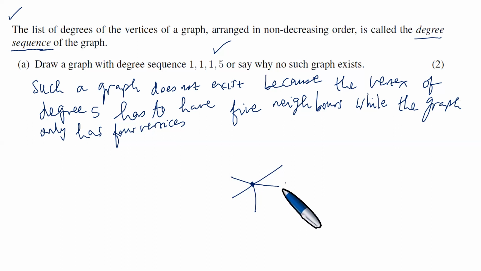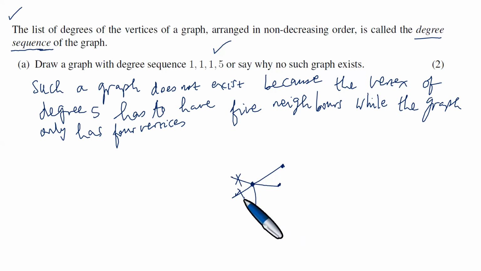So if it is 4 vertices, then you can have a vertex, for example, in one attempt. And then how is it that this one is degree 5? Because this edge is out. Now, attempting to construct or draw this graph, you can see that this one must have degree 5.